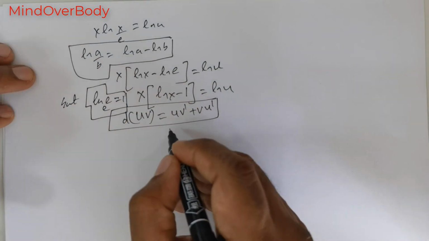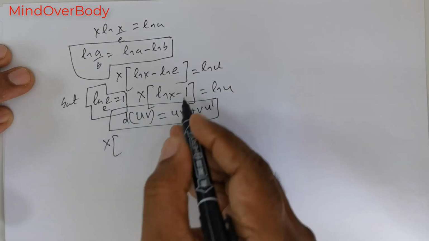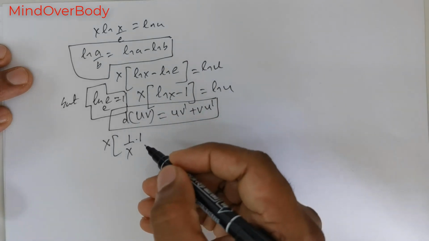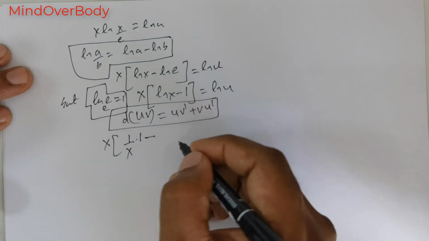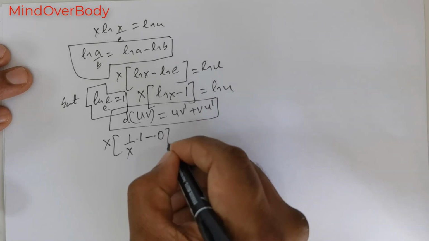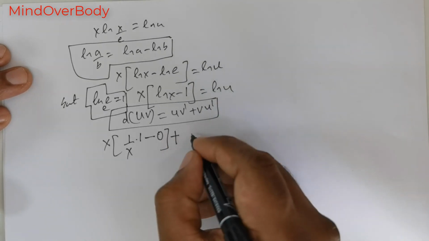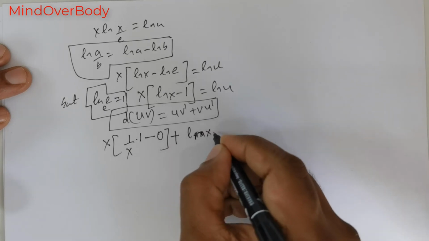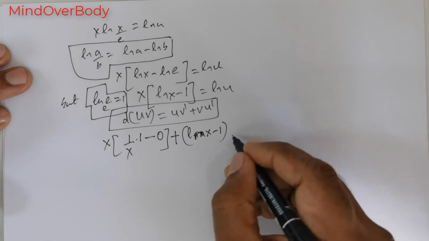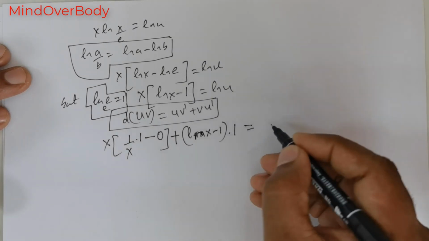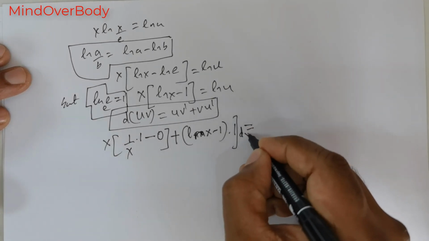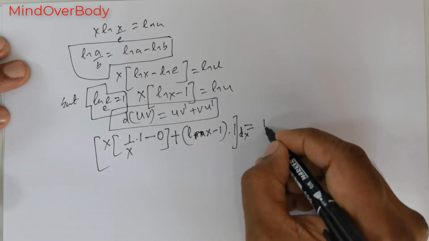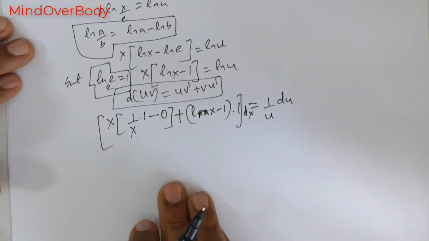So by this formula, this is going to be x times the differential of ln x, that's 1 over x, plus the differential of x, which is 1, minus the differential of 1, which is 0, multiplied with ln x minus 1, times the differential of x, that's going to be 1 here, which is equal to, of course we need to place the differential operator, the differentiation of ln u, that's going to be 1 over u times du.